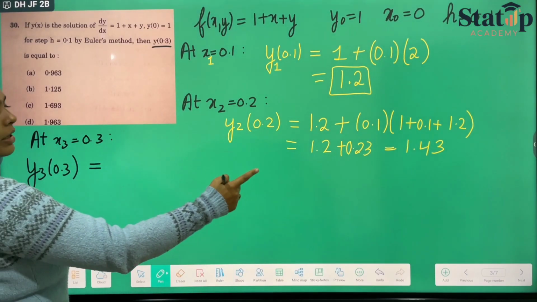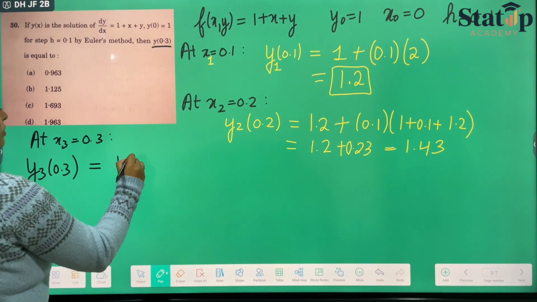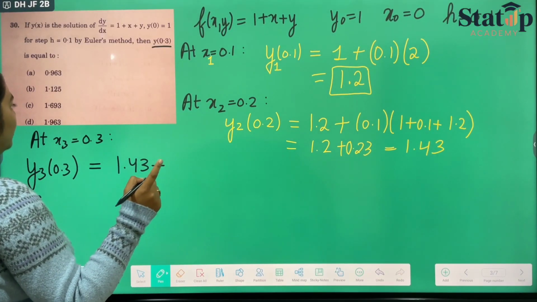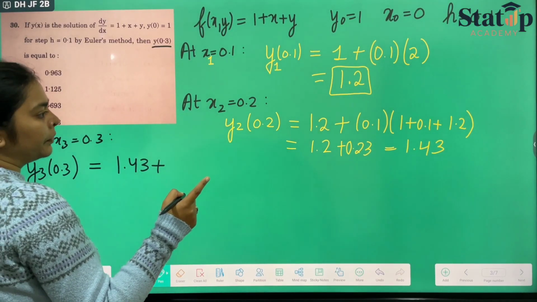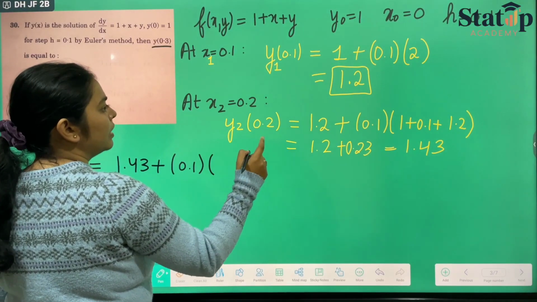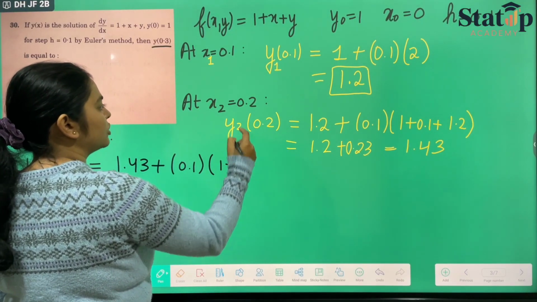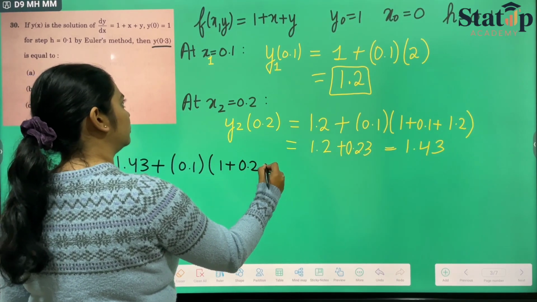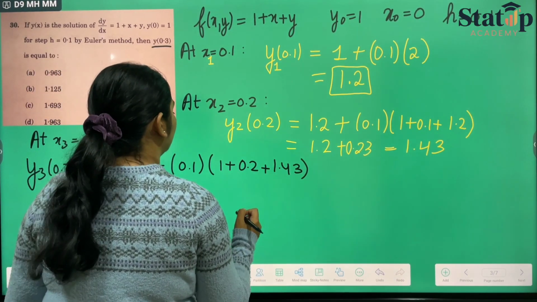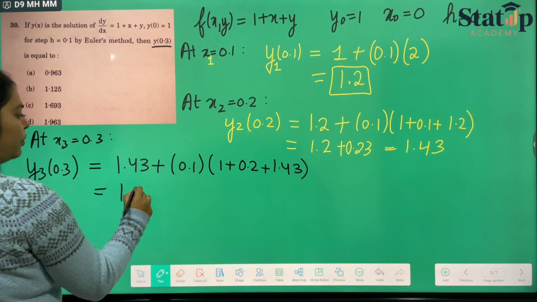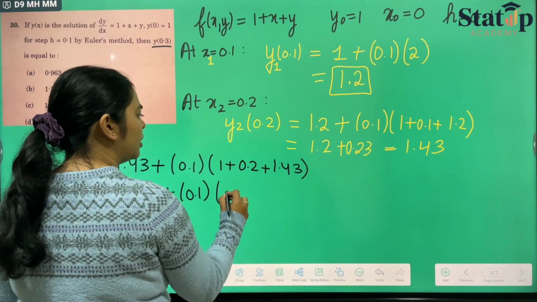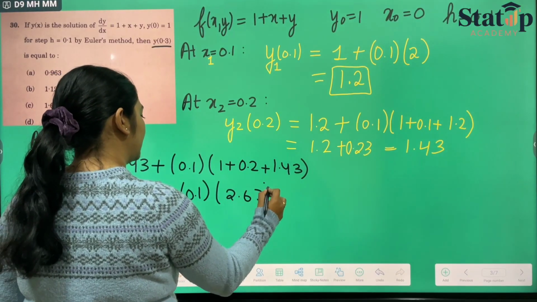equal to, now we will take y2 here. y2 is 1.43 plus h, which is 0.1, into 1 plus x2, which is 0.2, plus y2, which is 1.43. So it will be nothing but 1.43 plus 0.1 into 2.63.